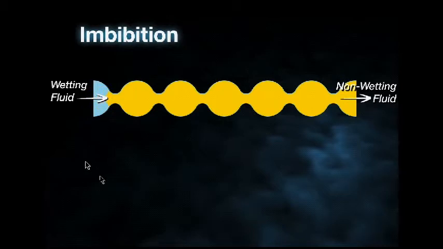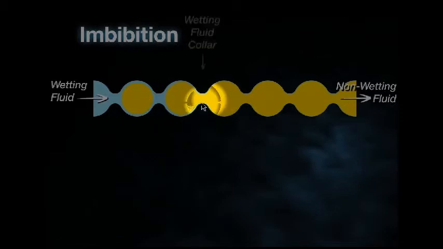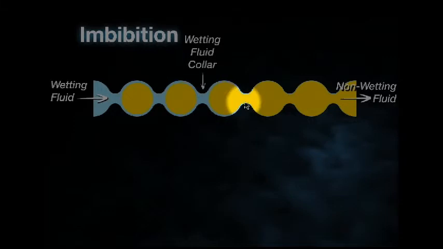Take a look at here now. Look, now we'll have our situation. Look at this, only this part here, and see how the radius for the yellow fluid is getting smaller. Now here, you see the wetting fluid color, the radius for the yellow fluid is getting smaller until it snaps off.